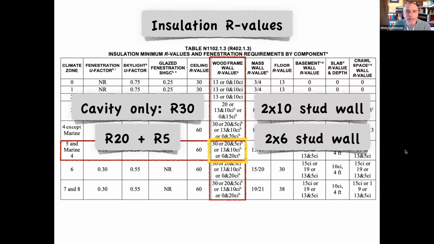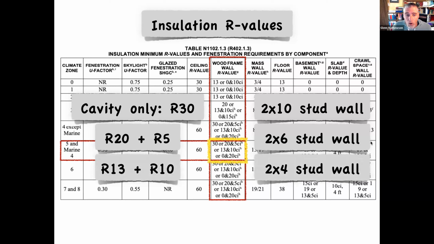Yes, 2x6 studs are always going to be around. So manufacturers of insulation make insulation to fit a 2x6 stud. And so the code says, hey, if we're going to write a recipe, let's use ingredients that are in everybody's pantry or at your local grocery store, right? So what might R13 and R10 be framed around? You already know the 2x4 stud wall. Choices, choices, choices. Hey, maybe you've got some really interesting ideas where you want to do open cavities inside your walls.